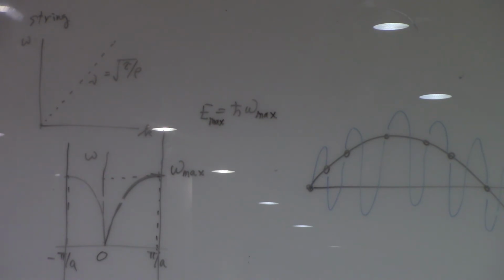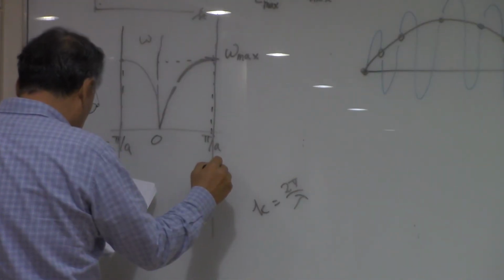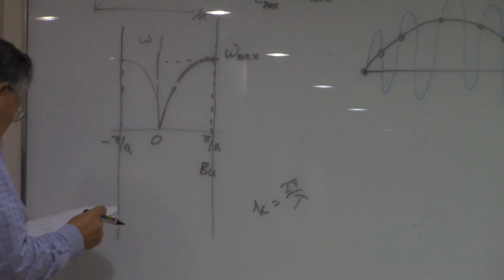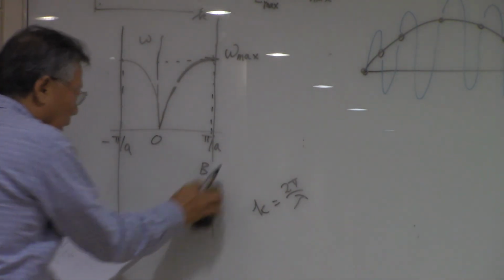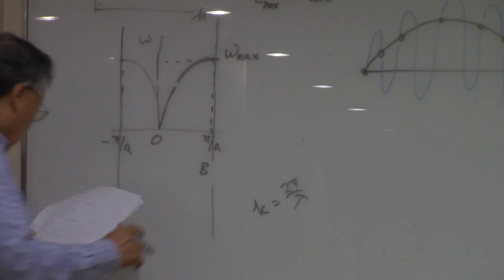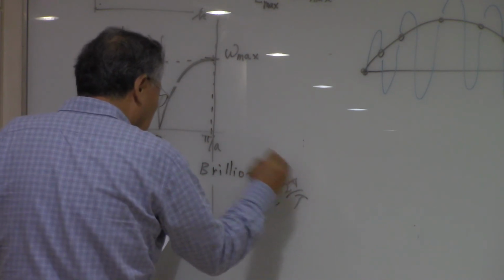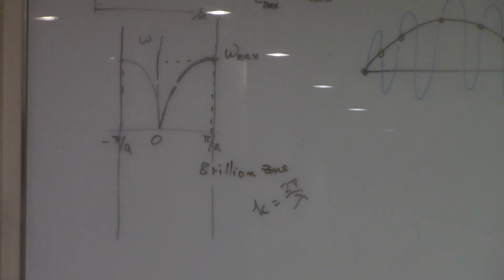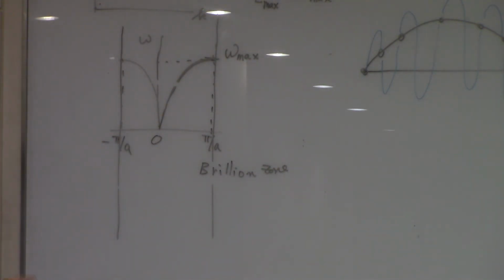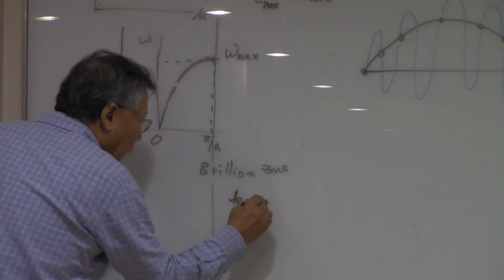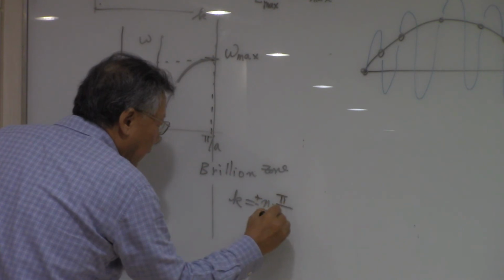And that happens at the Brillouin zone edge. And the Brillouin zone is k equal to plus minus n times pi over a. That happens.